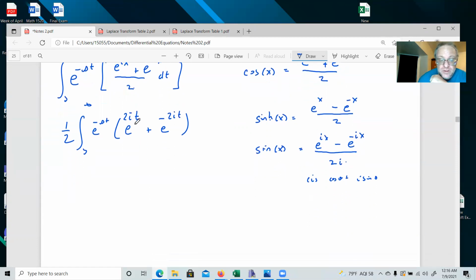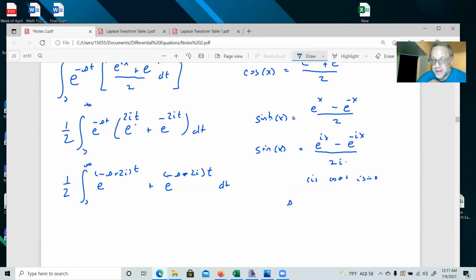All right? So same deal as what happened before. We're going to say this is 1/2, integral from 0 to infinity, e to the negative (s plus 2i) t, plus, because it's cosine, e to the negative (s minus 2i) t, all right? And we're just going to proceed just like we did with hyperbolic cosine. s does not have any limitations on it. We could say s is whatever we want it to be, as long as this integral is going to converge.